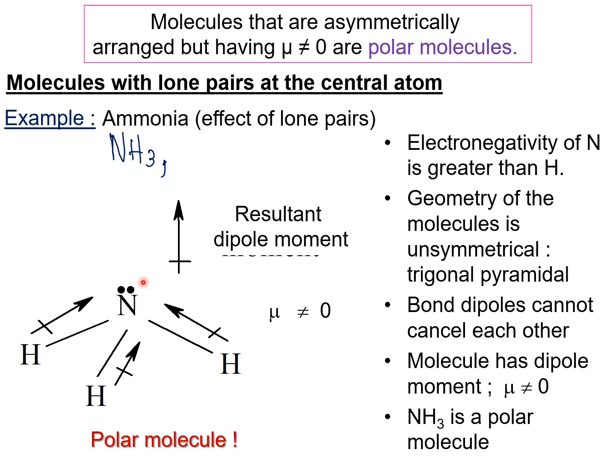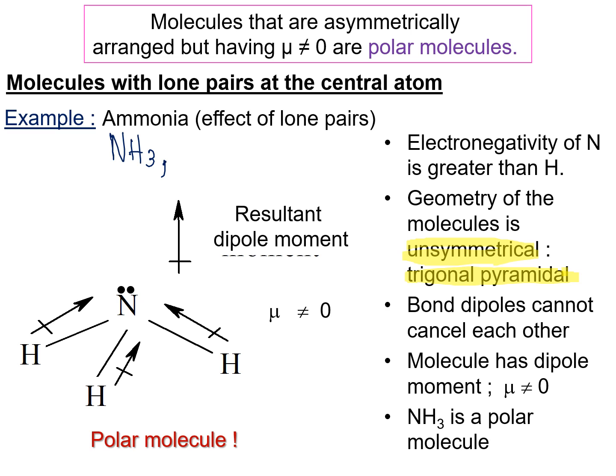So bila dia ada lone pair di atas tu, you will know that the geometry of the molecule ialah unsymmetrical. And you need to bagi tahu what is the shape, what is the molecular geometry of this molecule. Trigonal pyramidal. Okay, you kena bagi tahu tu. You bagi tahu shape dia unsymmetrical and bagi tahu dia punya molecular geometry yang sebenarnya adalah trigonal pyramidal.